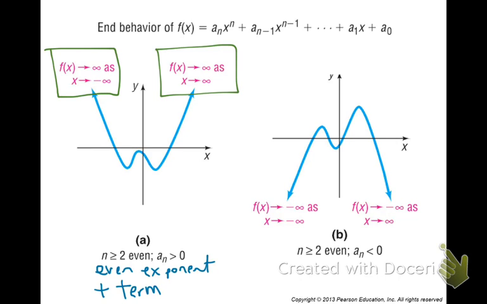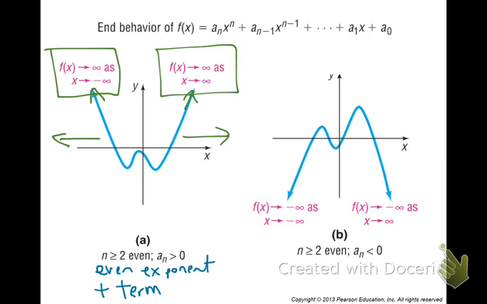So over here, as x goes to negative infinity, where is the y going? Positive infinity. So that's what that one's showing. And then over here, as x is going to positive infinity, where is the y going? Positive infinity. So that's one of your end behaviors.